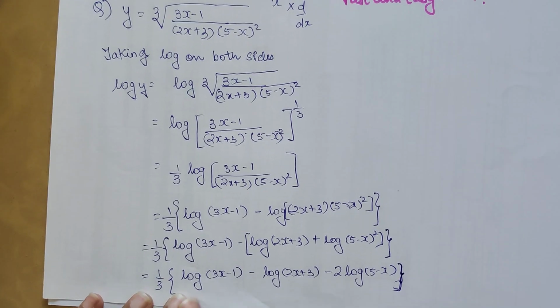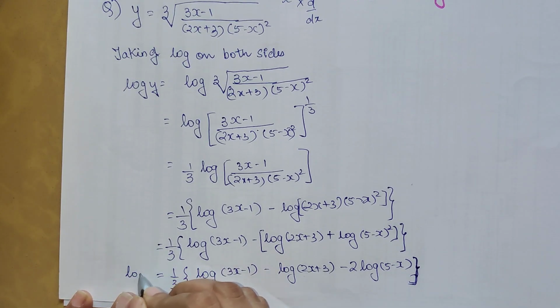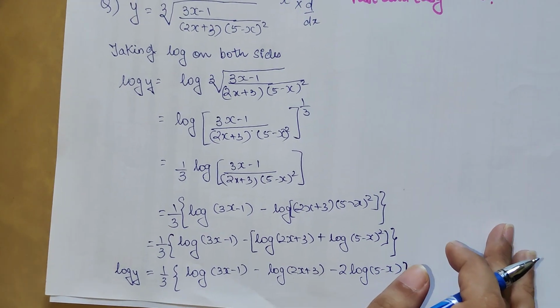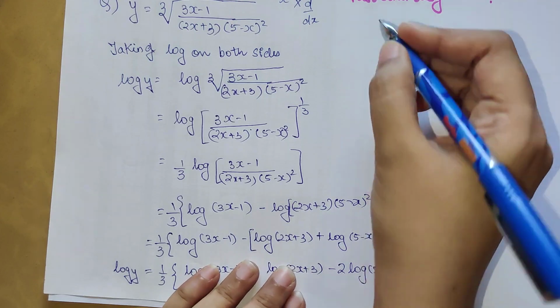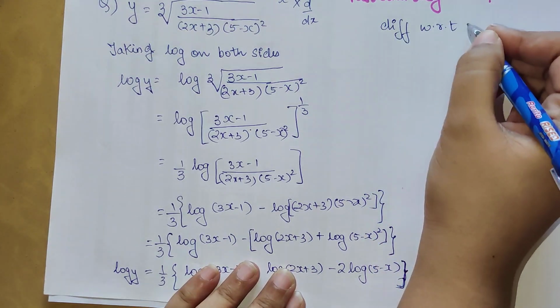Now can you see the entire thing became so easy, and here we know that this is equal to log y. So the next step would be what? To differentiate. So now we'll differentiate with respect to x.